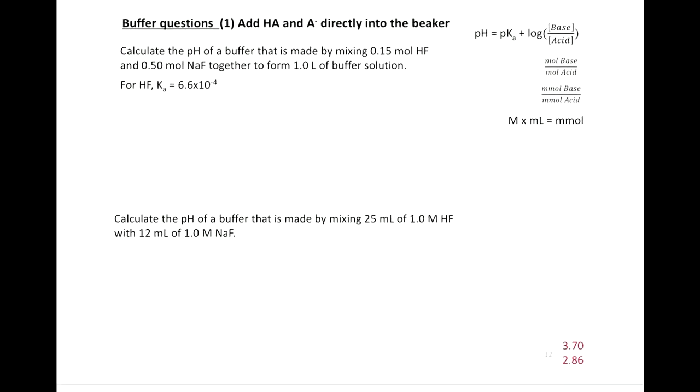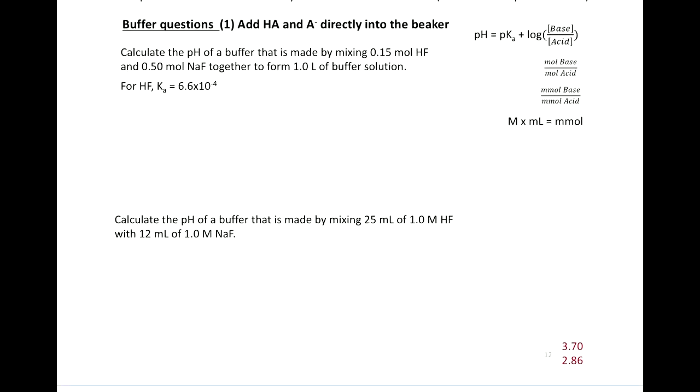Okay, so we'll do one question. We'll just do this slide, exploring the Henderson-Hasselbalch equation to see if you can plug everything in. Here's our Henderson-Hasselbalch equation: pH equals pKa plus log base over acid. What is pKa? I didn't give you pKa, I gave you Ka. What is pKa? The negative log of that number.